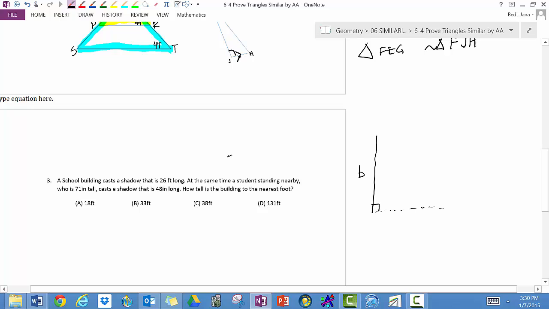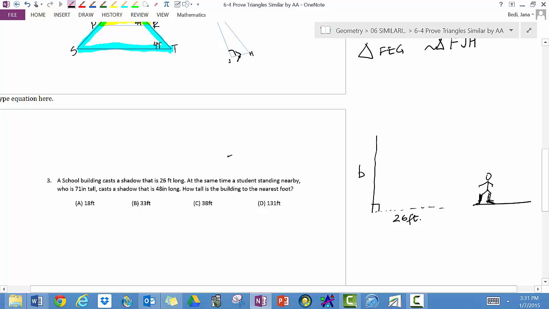So this is the shadow, and the shadow is 26 feet long. And then at the same time you have a student, standing here on the ground. Well, maybe we should have him touching the ground. There. We'll give him some arms too.